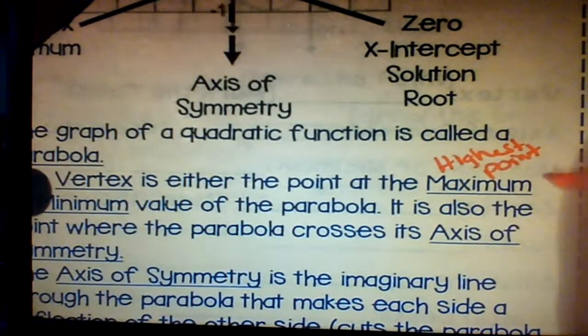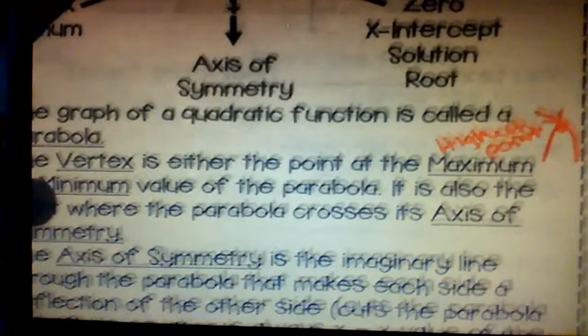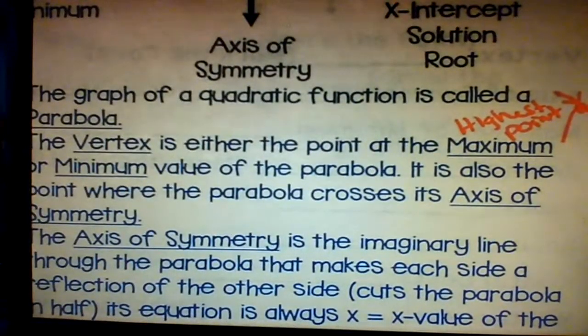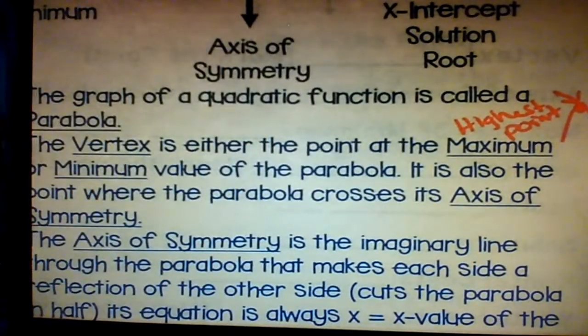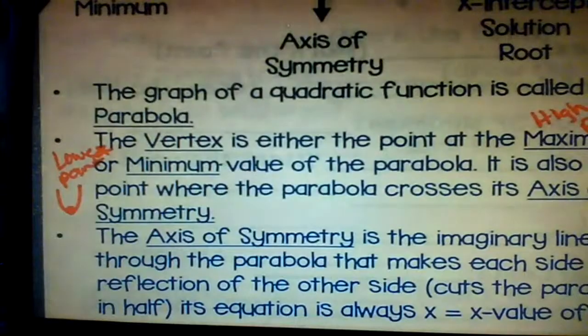If I had a maximum, my graph would look something like this, and it would be this point right here. Your minimum value is going to be your lowest point. I'm going to put that over here. Lowest point. And that happens when your parabola looks like this.